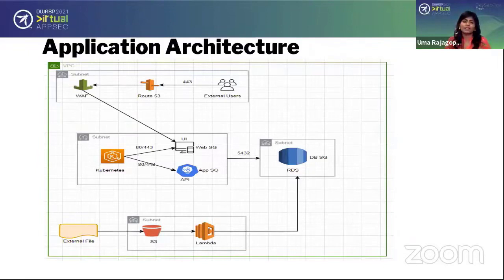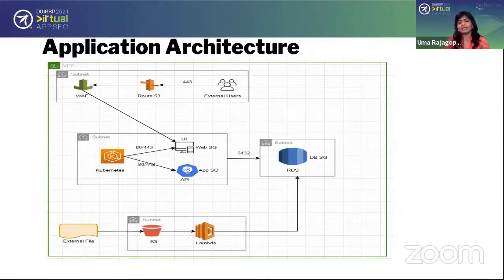In the middle subnet, you have the UI component, the application component, and also a couple of APIs that do some processing, whatever rules you have set up to process those transactions or any action the users took on the screen. So it is all happening in the middle subnet.